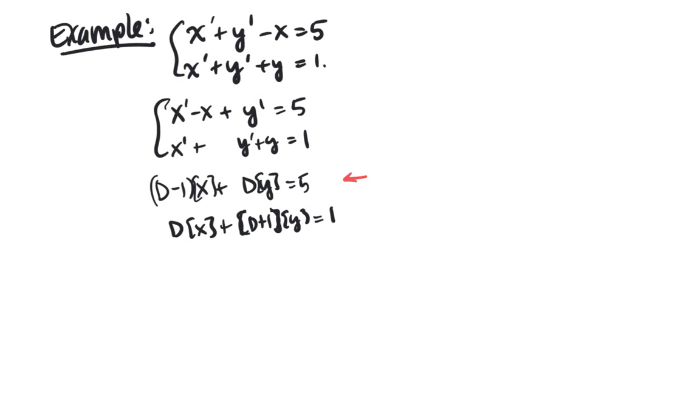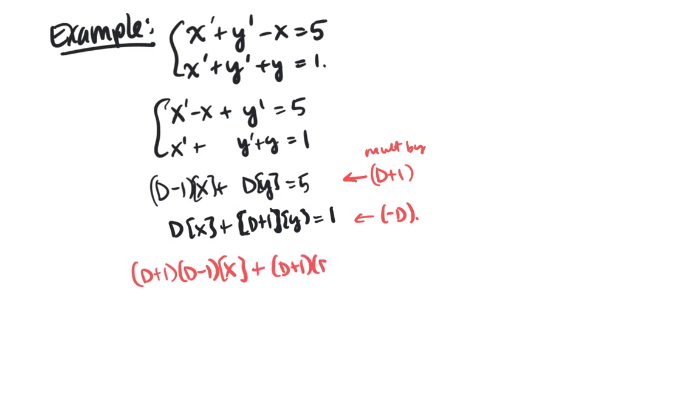So I'm going to multiply the top one by (D plus 1), and I'll multiply the bottom by negative D. Okay, and so then I'll get (D plus 1)(D minus 1) x plus (D plus 1) D y equals 5 times (D plus 1), or I guess (D plus 1) operating on 5.